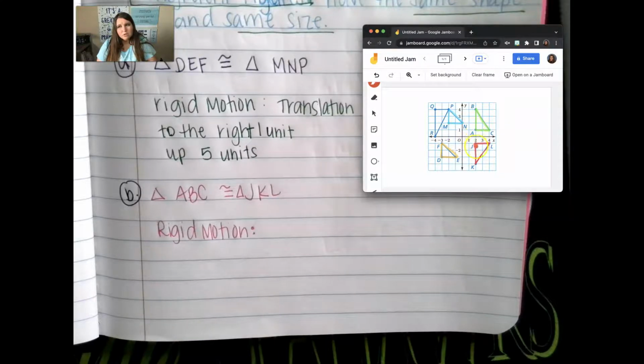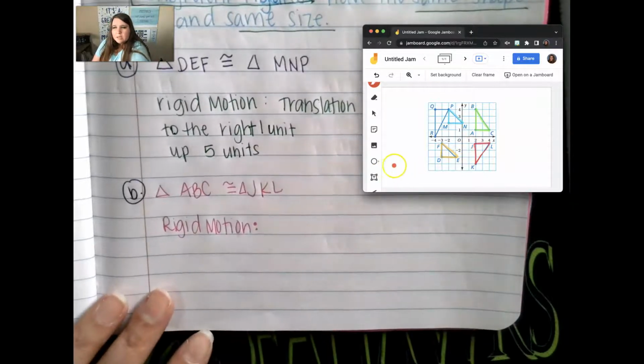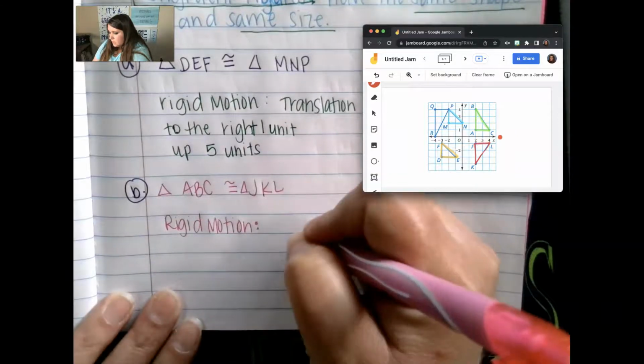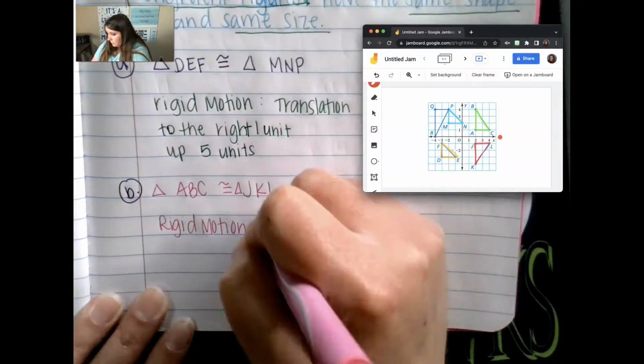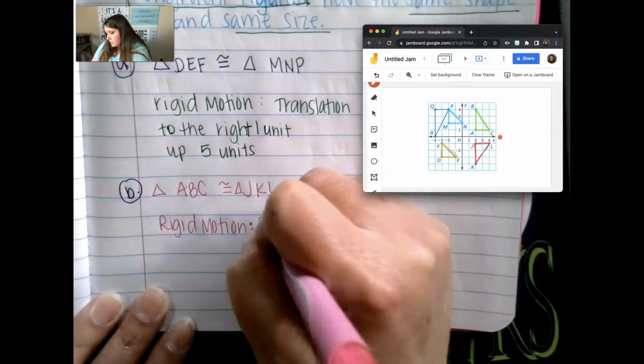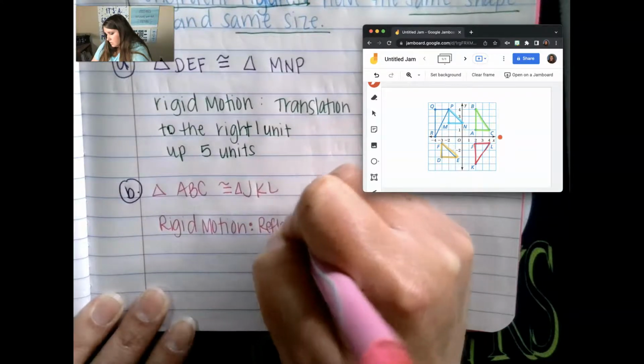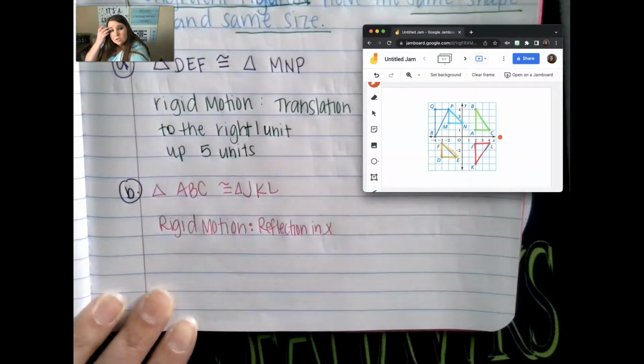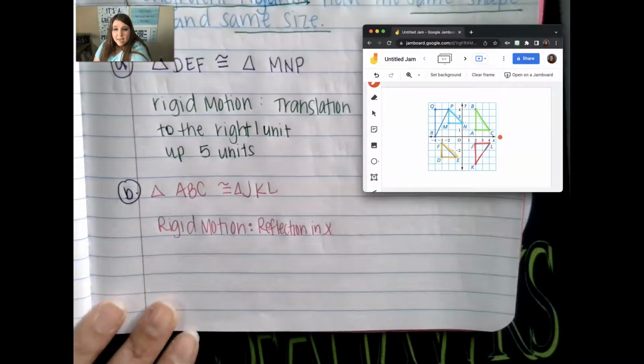However, if you look, it is a flip or a reflection. So we're looking at this one here as this triangle has reflected over the x-axis. So the rigid motion that we see here is a reflection in the x-axis.